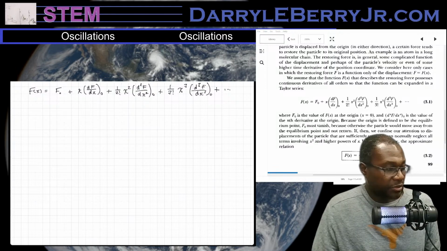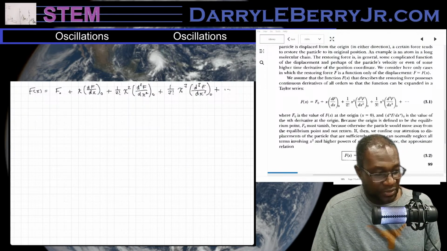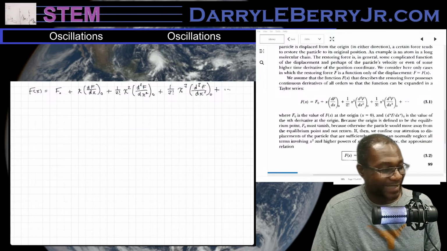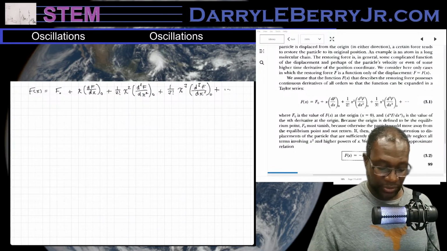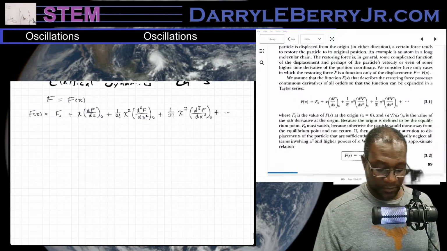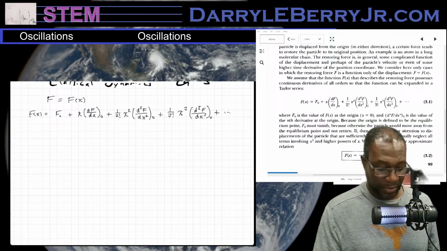Then if we confine our attention to displacements of the particle that are sufficiently small, we can normally neglect all the terms involving x squared and higher powers of x. We have, therefore, the approximate relation. So basically this formula for the small displacement actually comes from the Taylor series.